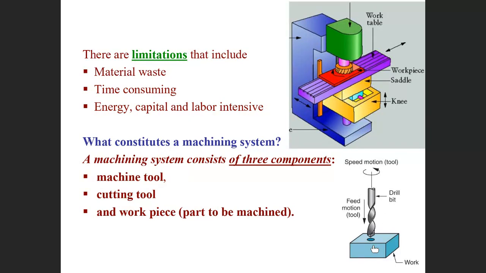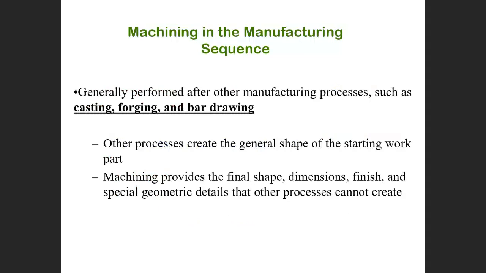The machine holds the workpiece and the tool and delivers the relative motion between them and enough power to cut the workpiece material or to perform the machining operation. This is a machining process.